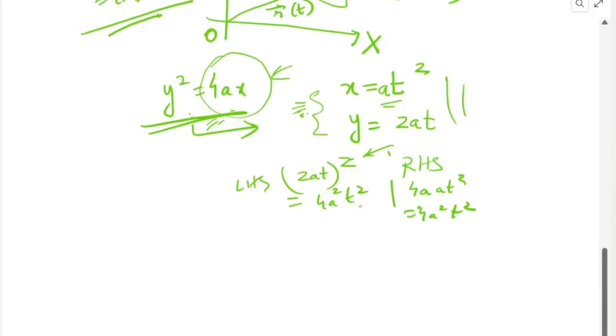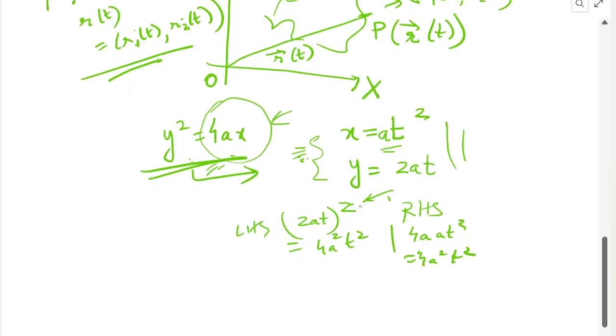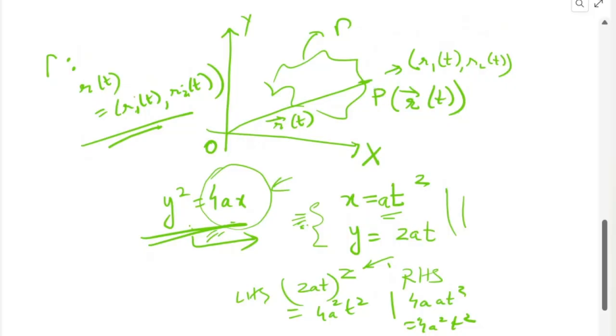One thing, while I am writing this, the position vector you get here, suppose I take this curve, has r1(t), r2(t) as the two components. So what is our motive? First and foremost, see one thing: while I am drawing it, I am not getting any discontinuity.